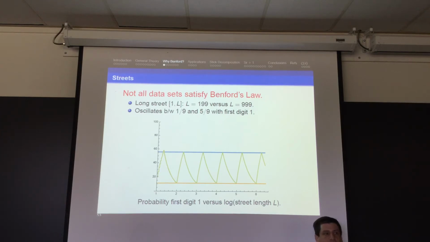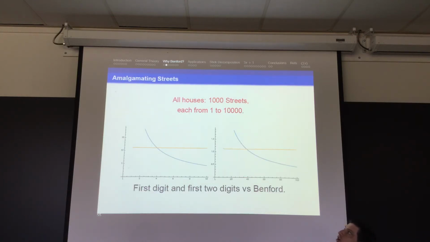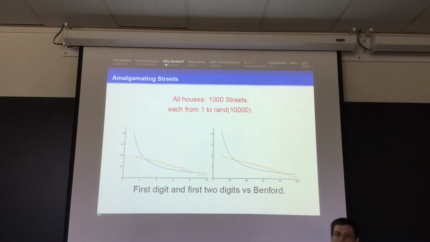Benfordness occurs the more averaging you do. What if we have lots of streets of different lengths? So here is just all houses. Each street is going to be from 1 to 10,000, and I'll have 1,000 streets. So I get basically a uniform distribution for how often I have each digit. Now let's have it a little bit random.